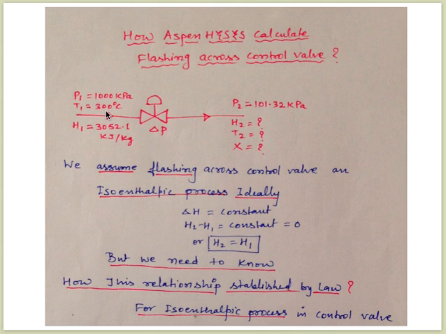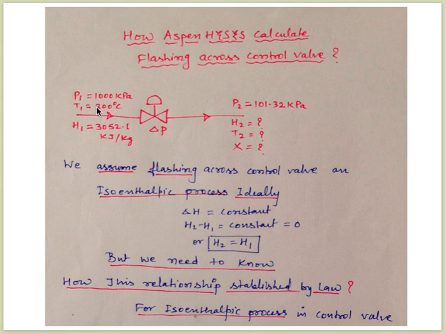From the steam table we can get this H1 value, the enthalpy of steam at pressure P1 and temperature T1. So let's say we are throttling this valve to drop pressure so that the outlet pressure is 101.32 kilopascal, which is 1 bar.